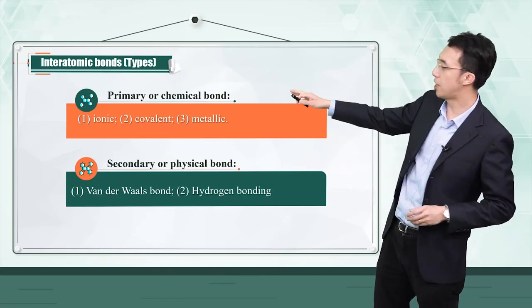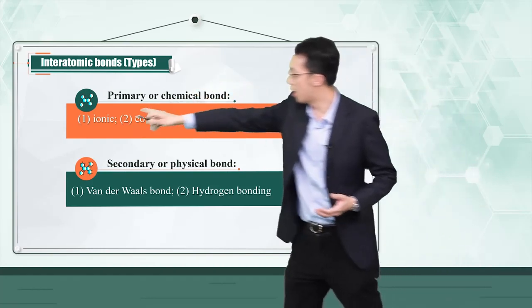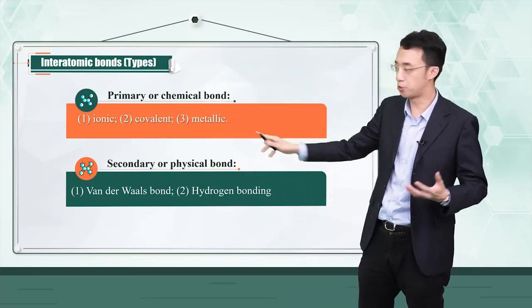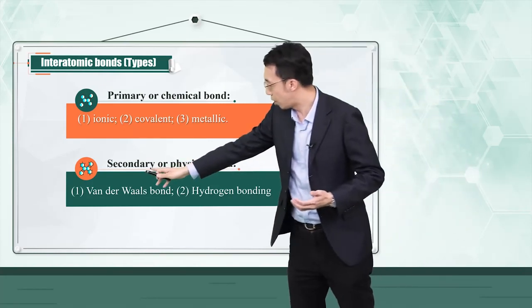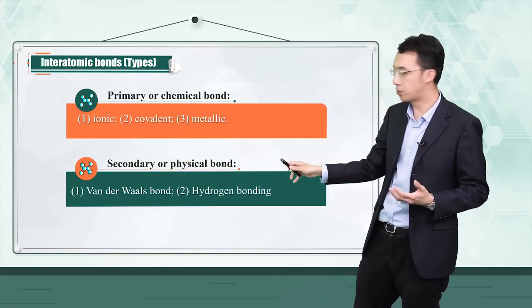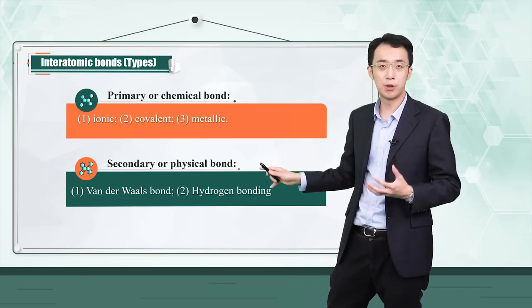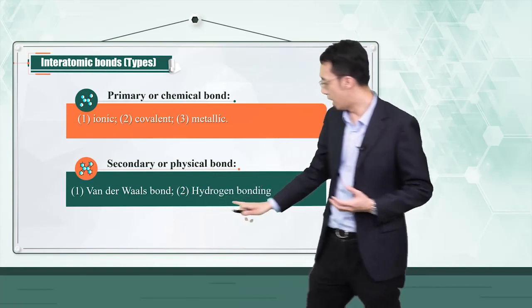The first type is called primary or chemical bonds, which include ionic bonds, covalent bonds, and metallic bonds, which are relatively stronger. The second type is called secondary bonds or physical bonds, which is based on the interaction between electronic dipoles. And they can be divided into van der Waals bonds and hydrogen bonding.